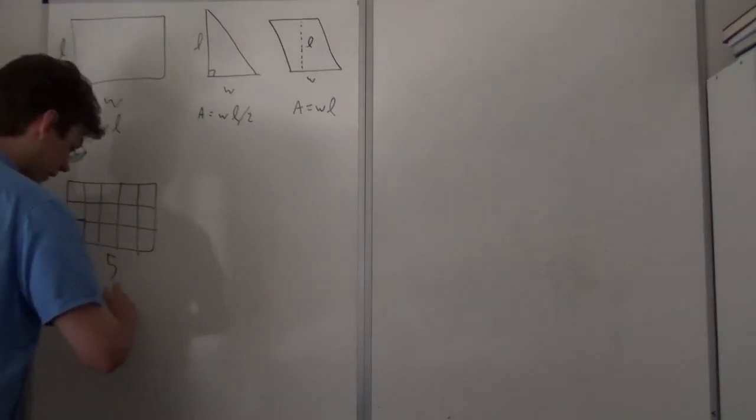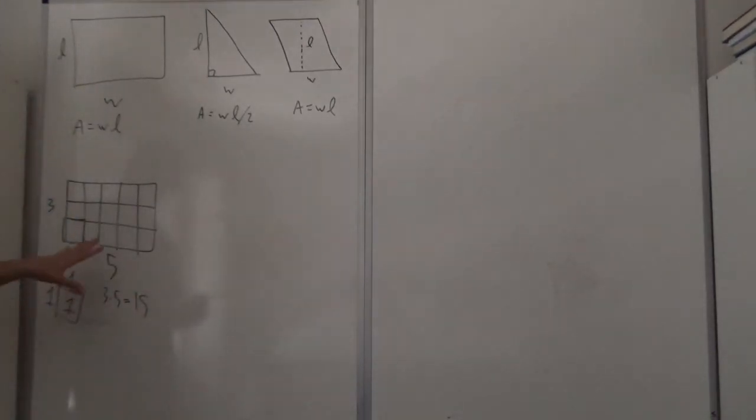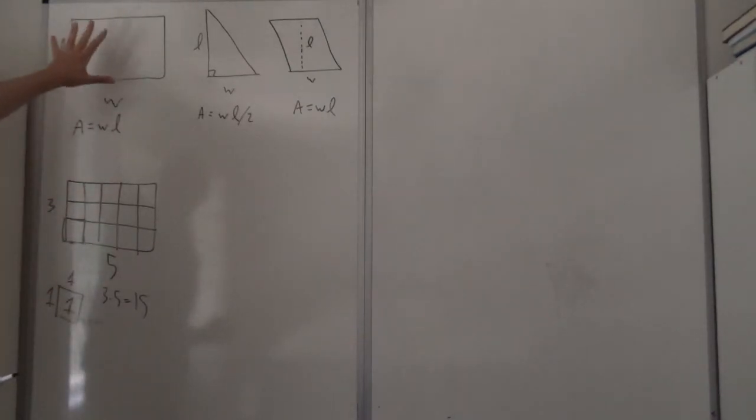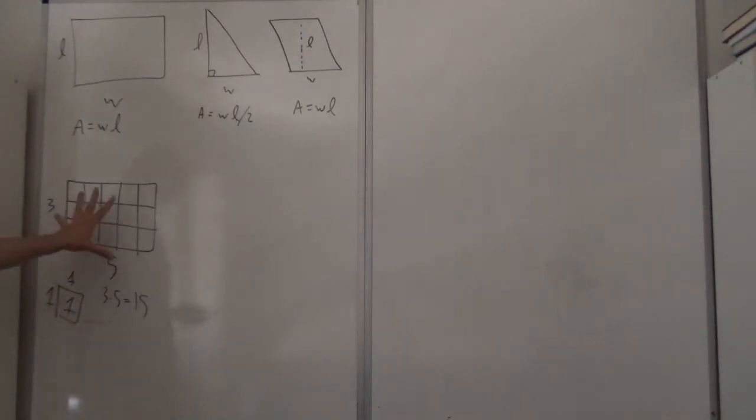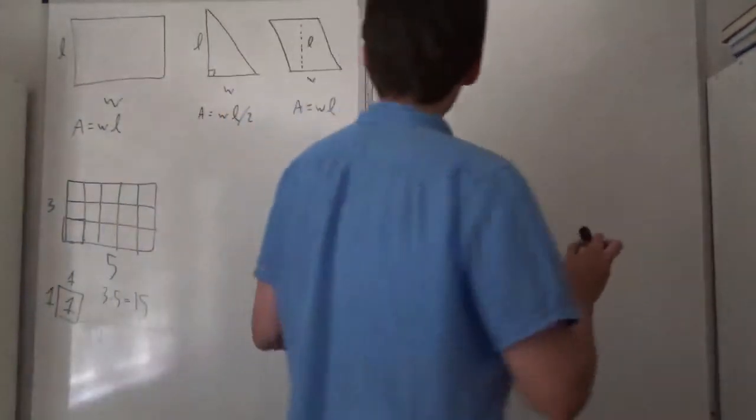Therefore, we have 3 sets of 5 of those, or 5 sets of 3. We have 3 times 5, which is 15. And we see that this doesn't just apply to the 3 by 5 rectangle, but to any rectangle of any length or width.